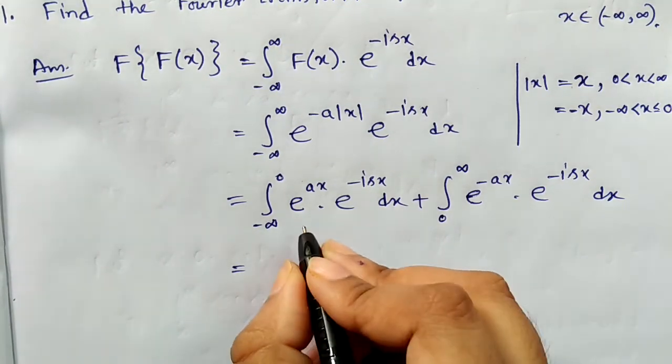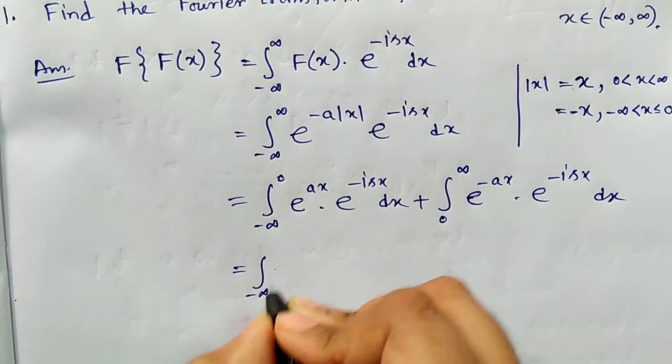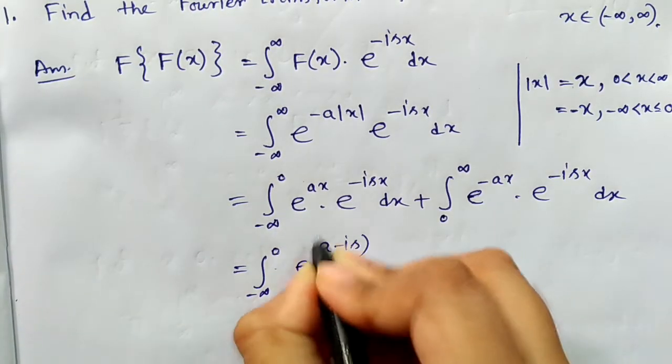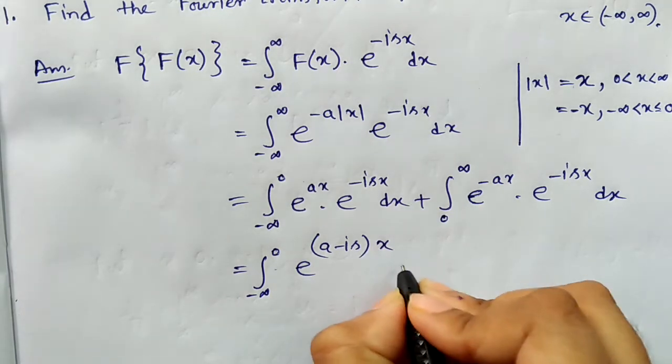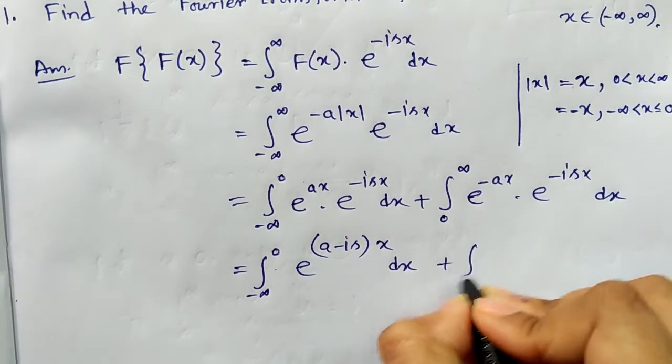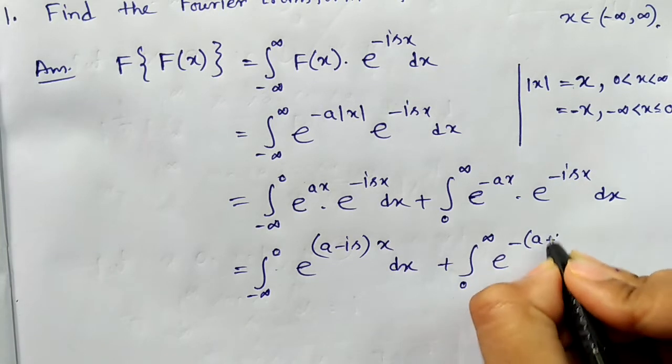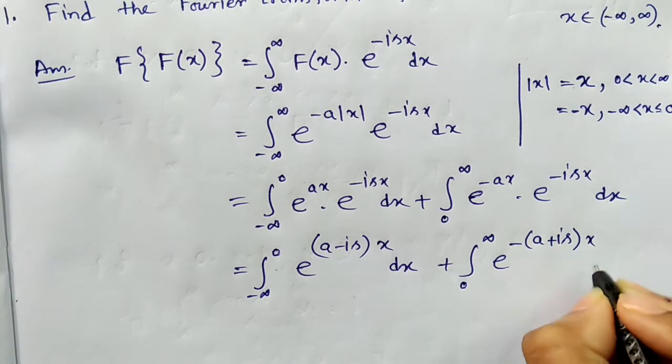Now just simplify it: the integral from minus infinity to 0 of e to the power (a minus is)x dx, plus the integral from 0 to infinity of e to the power minus (a plus is)x dx.